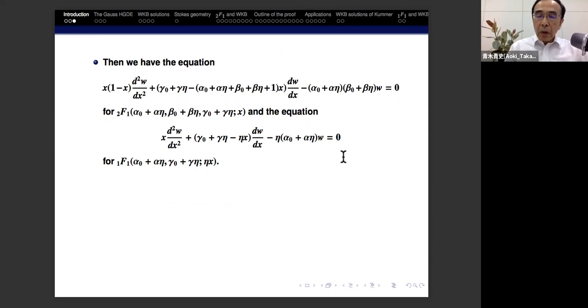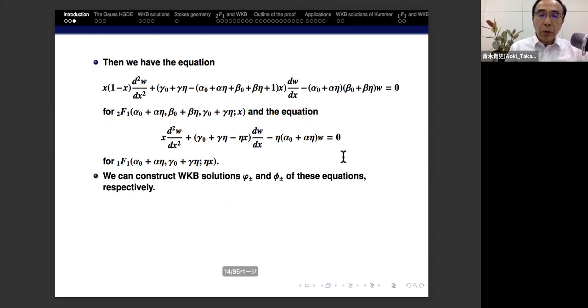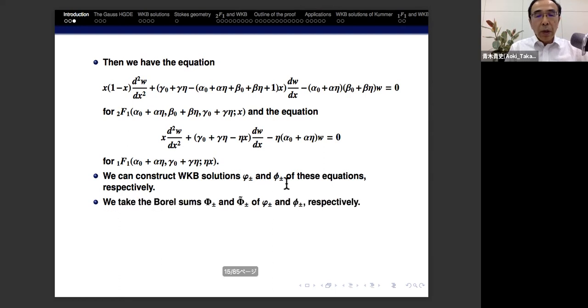Then we can construct WKB solutions of these equations. We write phi plus minus, bar phi, or phi. And next we take the Borel sums of these formal solutions.